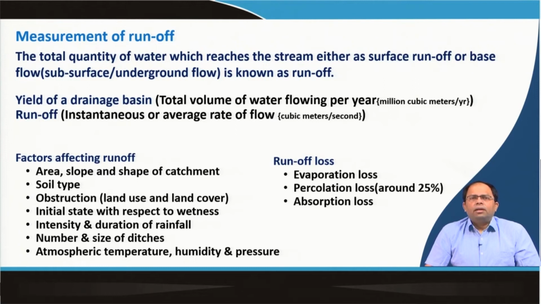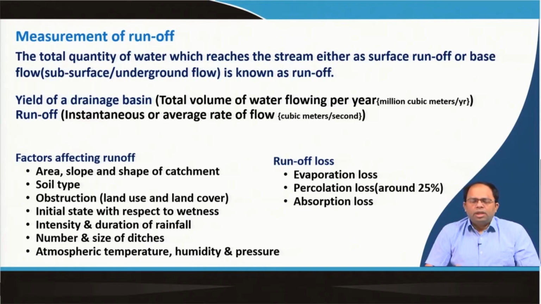Yield of a drainage basin and runoff are two different terms that we use. Sometimes they overlap, and sometimes we use them interchangeably, but these are two different terms. For example, when we talk about runoff, it is the instantaneous or average rate of flow given in cubic meters per second.